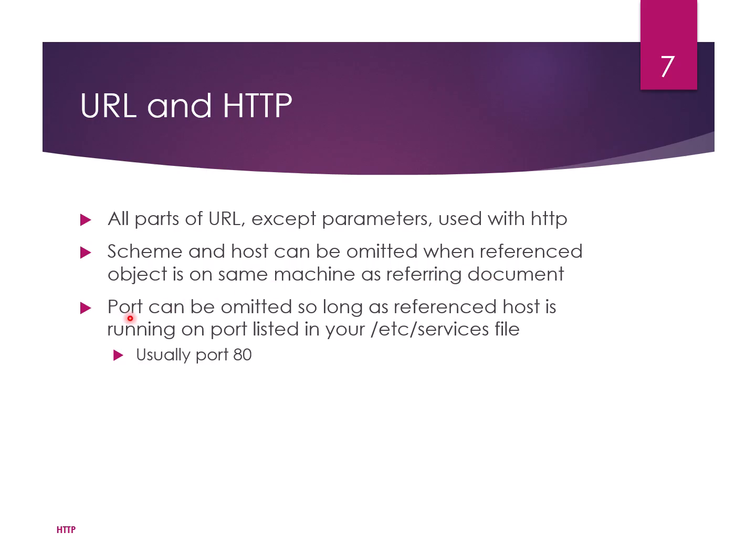Next, a port number can be omitted if the referenced host is using the default port listed in etc services, which is usually port 80 for HTTP. This shows the flexibility of URL components when used in a local or standard HTTP context.